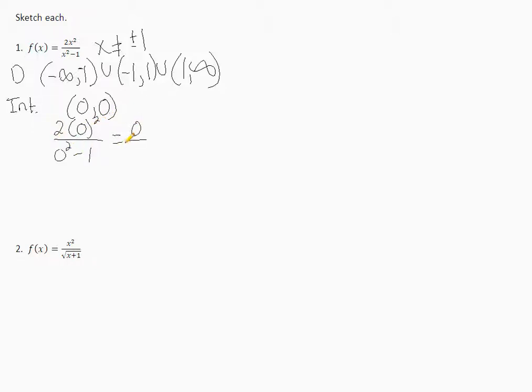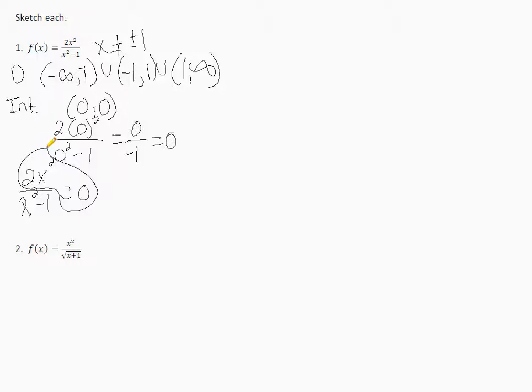So I get 0 over negative 1, which is 0. So 0, 0, and that's your y-intercept. Your x-intercepts, you'd set the equation equal to 0. When does a fraction equal 0? The numerator. So I would solve that and I get 0. Okay, so that's my intercepts.